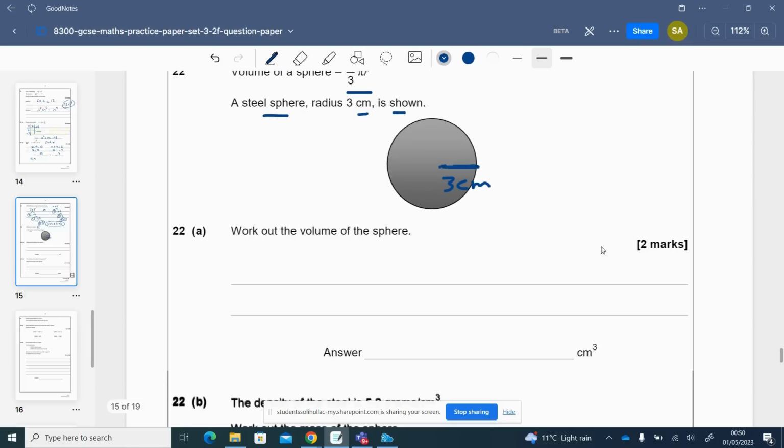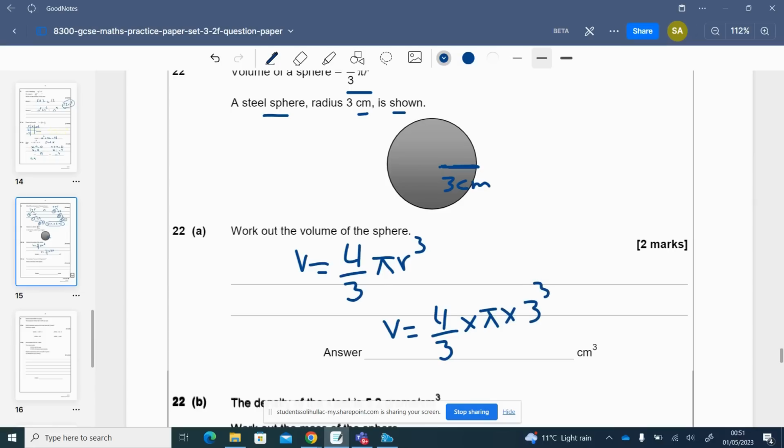So for the volume, you just need to use formula substitution here. The formula is given in the question, which is 4 over 3 pi r cubed. So we just need to use the calculator, and instead of r, we put the value of r in the formula. And that gives you V equals 4 over 3 times pi, and the pi button is in the calculator, times r cubed, which is 3 cubed.